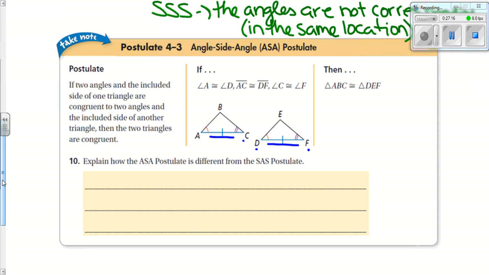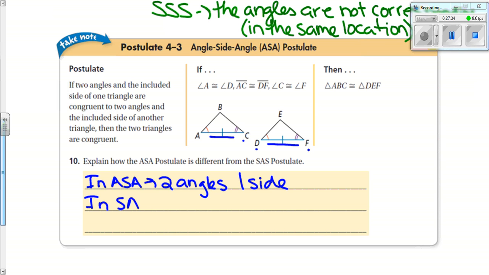Well, in angle, side, angle, you have 2 angles and one side, and in side, angle, side, it's vice versa: 2 sides, 1 angle. So just the requirement of what pieces you have to prove it congruent are different.